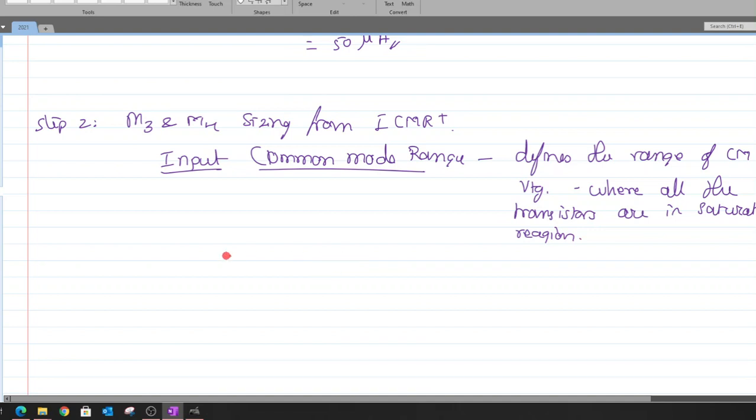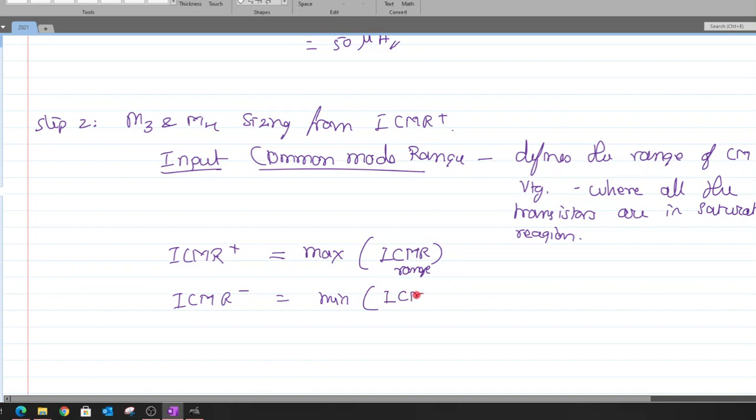Okay, so in this, the maximum value of that range is what defines the ICMR plus. The maximum of this ICMR range is what defines the ICMR plus, and the ICMR minus is nothing but the minimum value in this ICMR range.